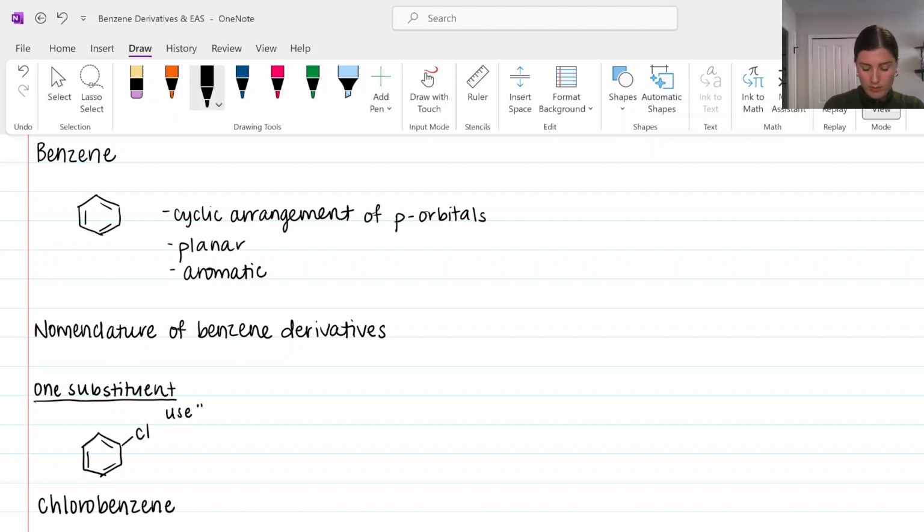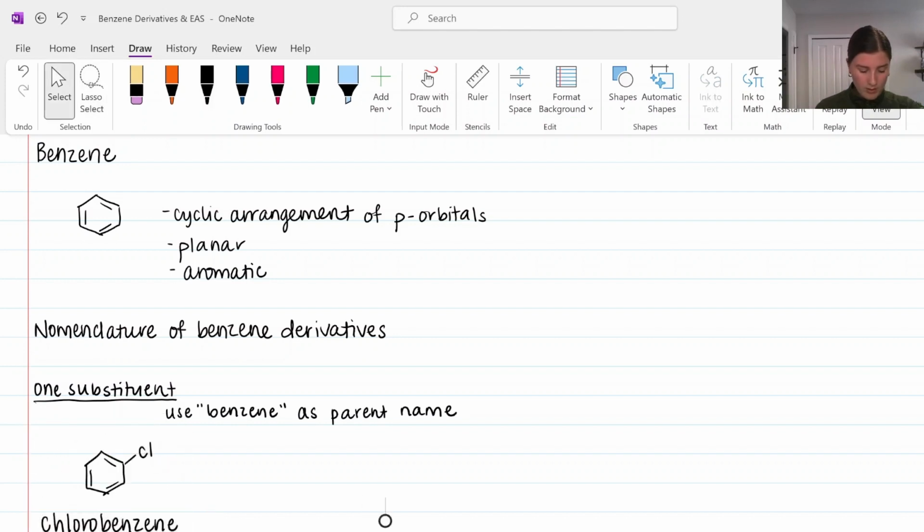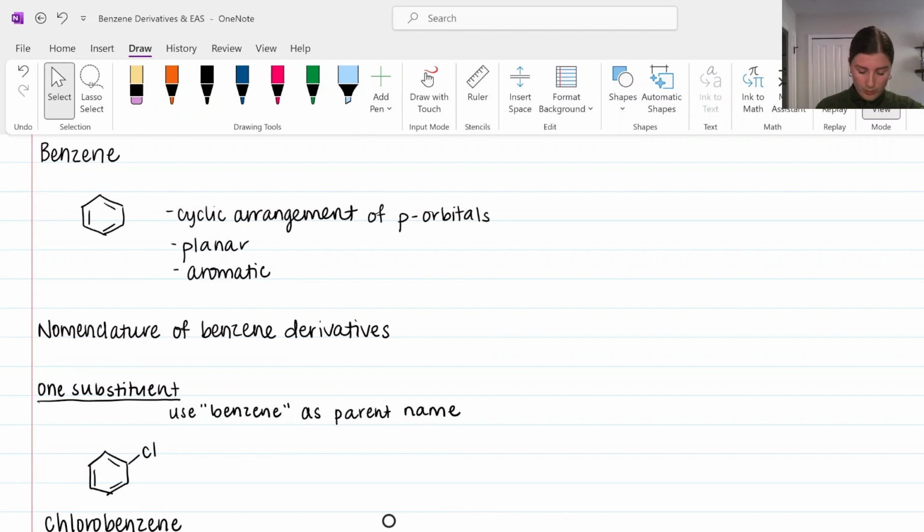So we use benzene, that word, as the parent name for these molecules. So there's chlorobenzene.